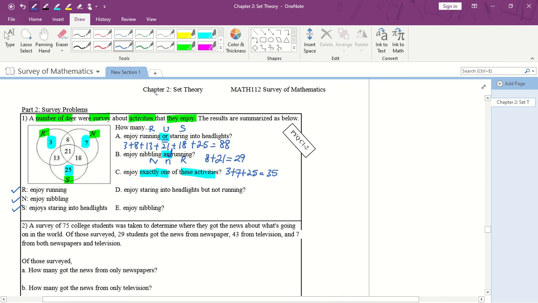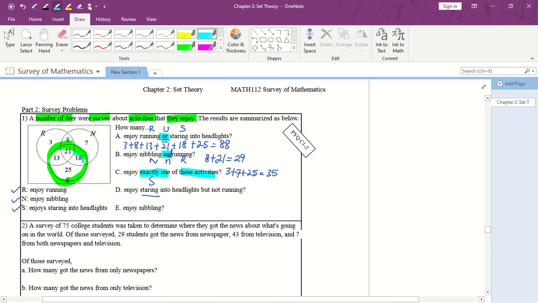Let's look at the next one, D. It says enjoy staring into headlights but not running. Enjoy staring into headlights is S, which is the whole circle here. However, not running means this area is removed.